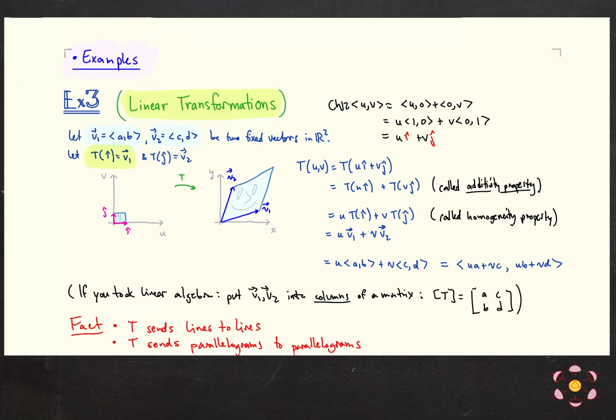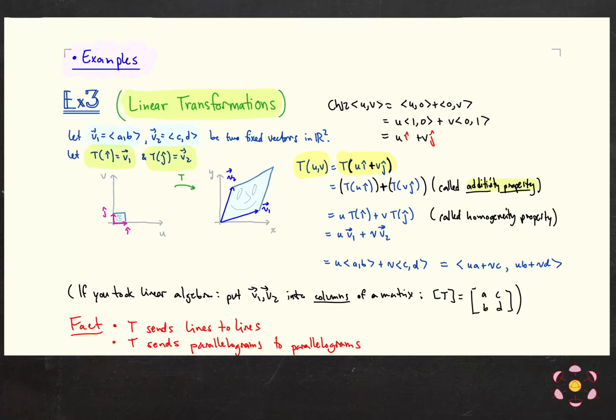So what's next? Well, if I tell you what to do to those two vectors, it turns out if I assume two properties of the transformation, called additivity, okay, additivity means that first in this calculation, we start with (u, v), rewrite (u, v) as u i hat plus v j hat. So additivity means this plus inside of the parentheses, I can turn it into a plus basically applied to each transformation.